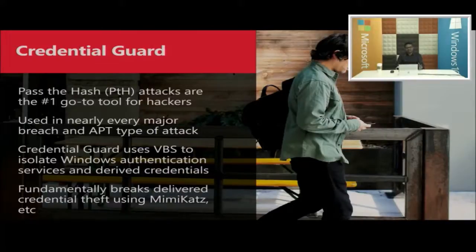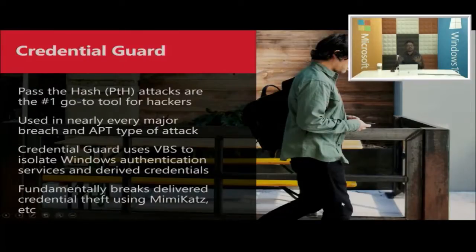So pass the hash basically means, okay, to make it very simple, what a pass the hash attack potentially can do is that, for instance, if I sign in with my username and password on Windows right now, you are then authenticated and given something called an access token, a token, okay? If you're authenticated, here's your token.